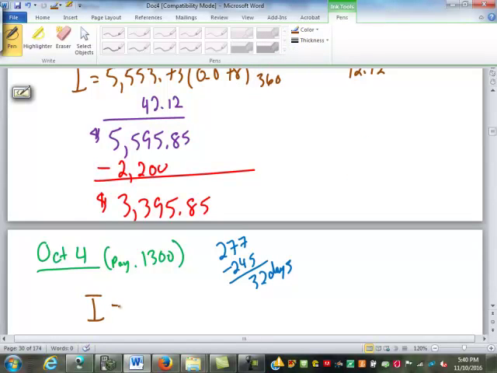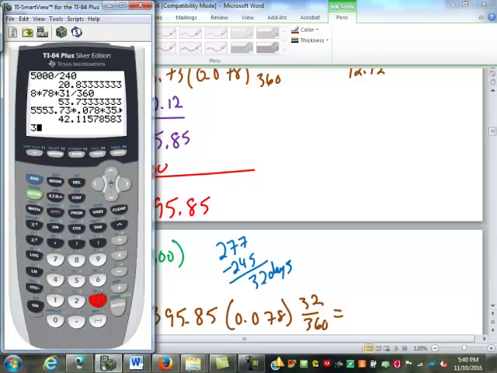So our interest, $3,395.85 times 0.078 times 32 over 360. $23.54.